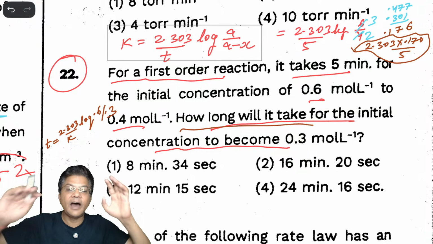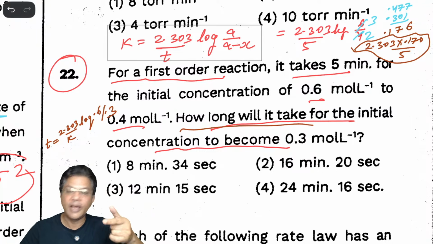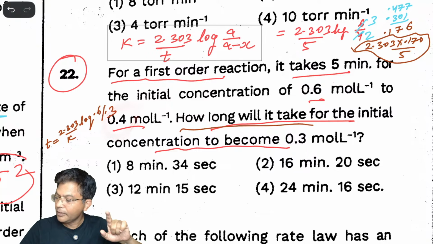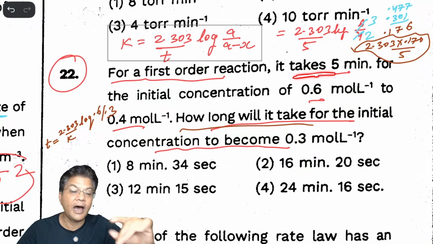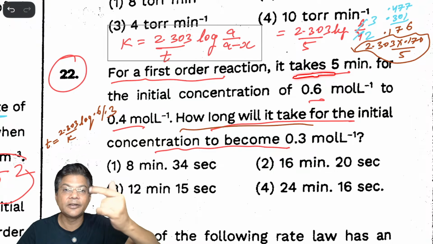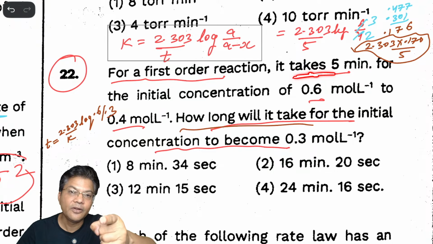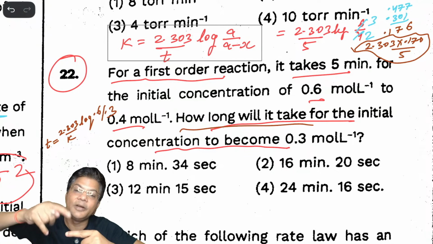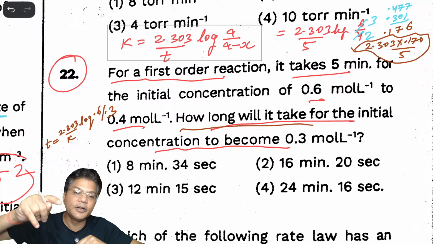If they would have said from 0.6 to 0.3 it took 5 minutes, then I must say that 5 minutes is the T half. But from 0.6 to 0.4, 5 minutes is not T half. That means T half will be a little bit more than 5.